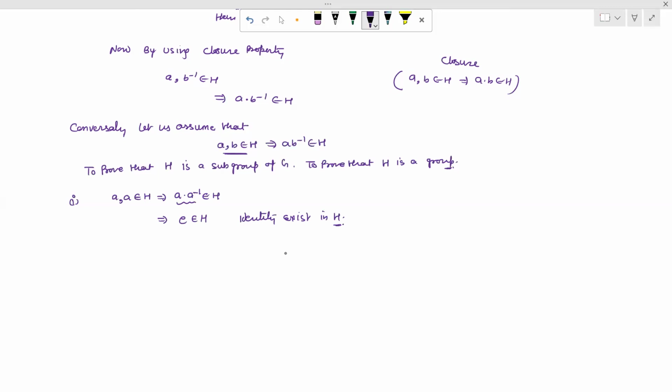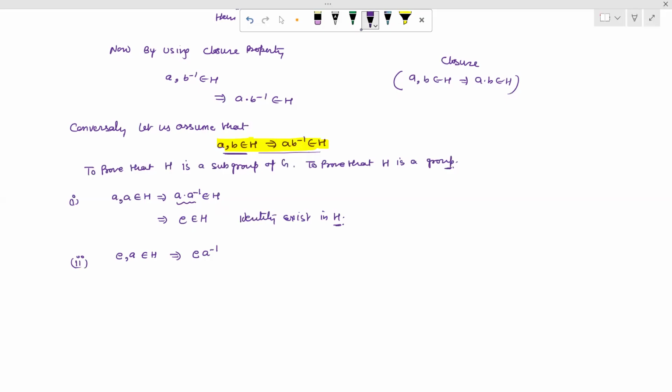Now for proving the second, since identity exists, consider e and a belonging to H, which implies e into a inverse. We are keeping in mind that a, b belongs to H implies a b inverse belongs to H. So in place of a is e, in place of b is a.